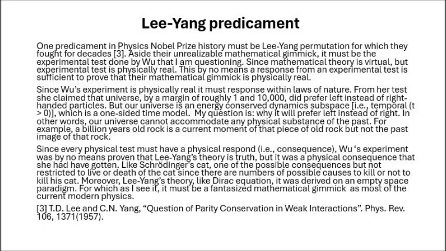My question is, why would it prefer left instead of right? In other words, our universe cannot accommodate any physical substance of the past. For example, a billion-year-old rock is the current moment of that piece of old rock, but not the past image of that rock.